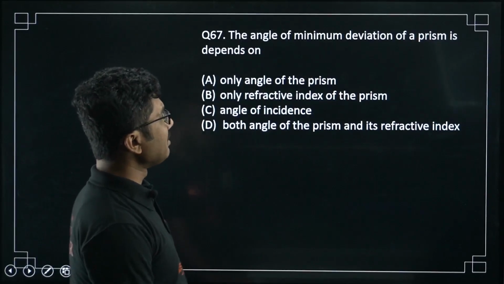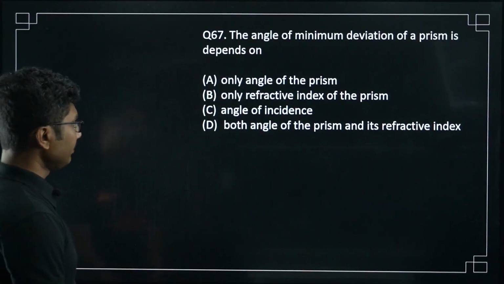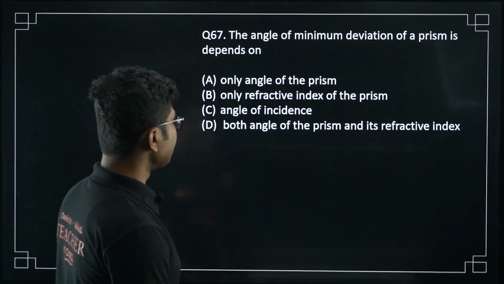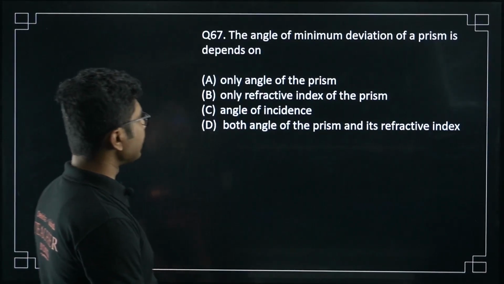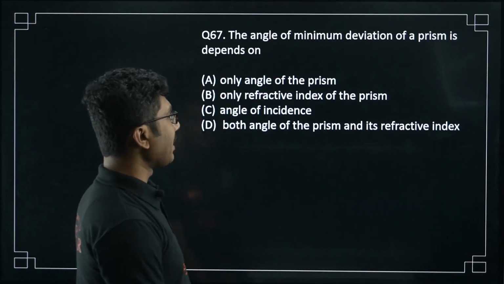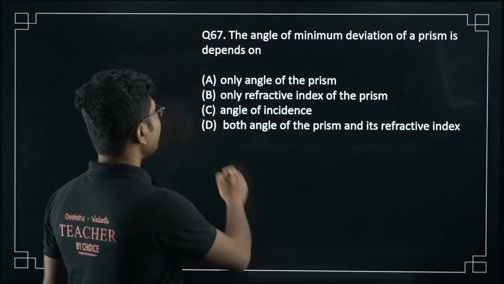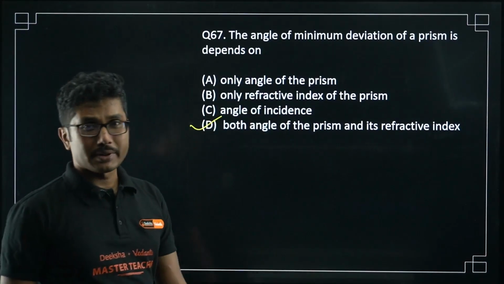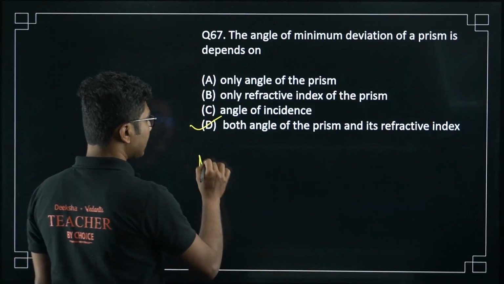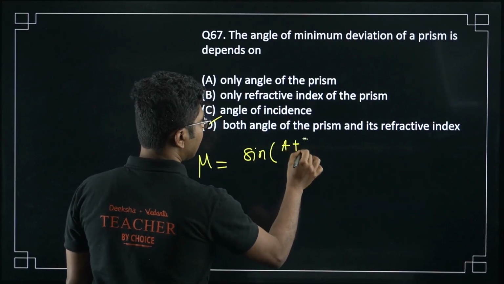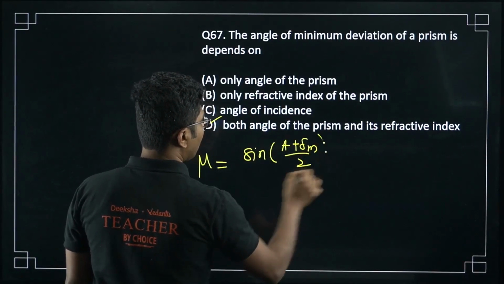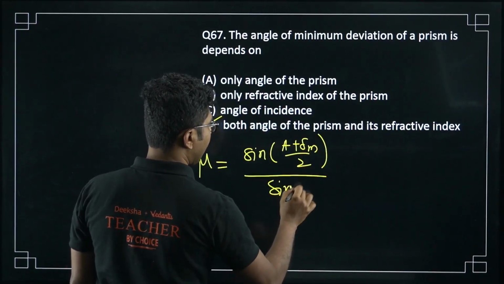The angle of minimum deviation of a prism depends only on angle of prism, only on refractive index of the prism, angle of incidence, both angle of the prism and its refractive index. So definitely angle of minimum deviation, if you remember the formula, refractive index is given by sine of (A plus delta m) by 2 divided by sine A by 2.